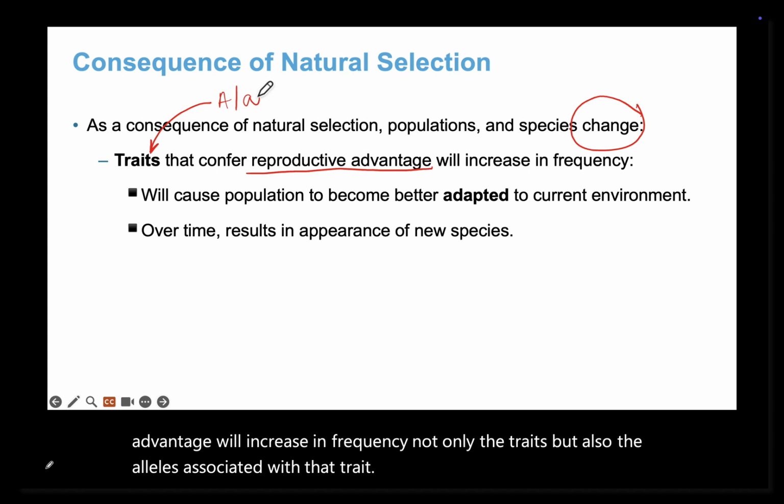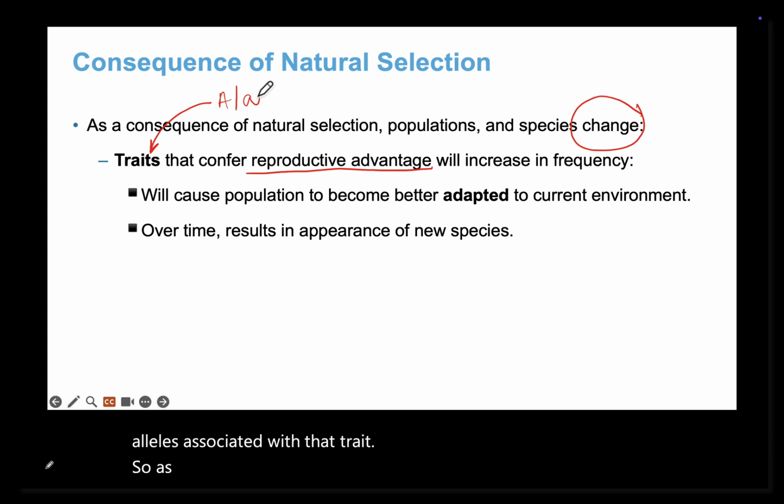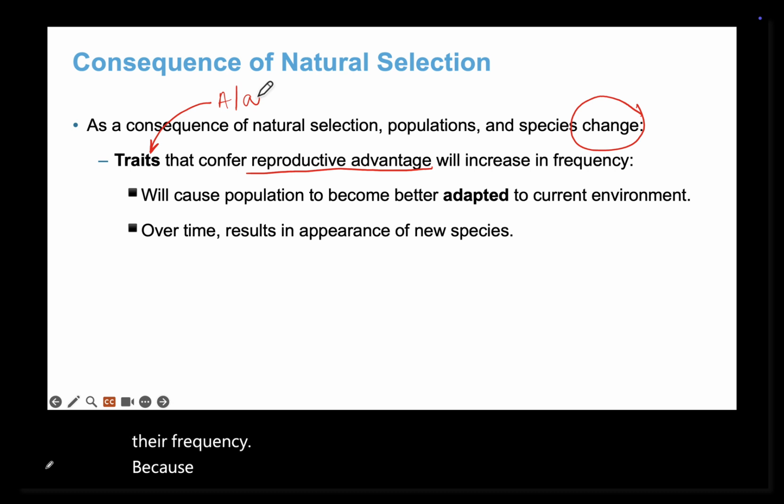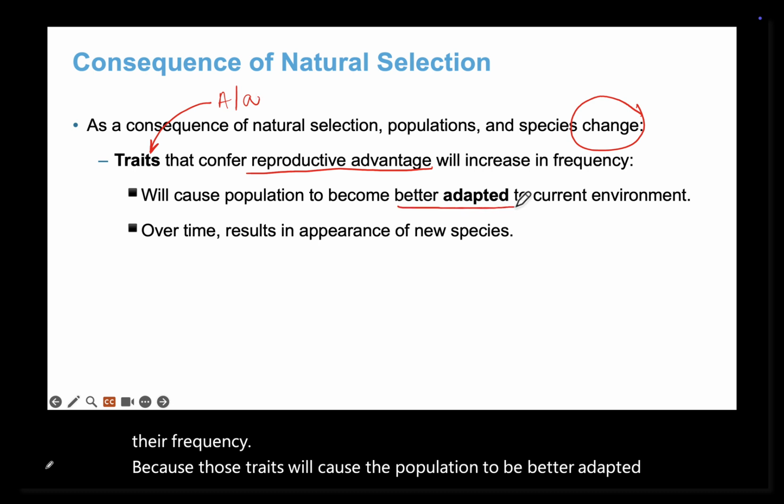So, as the trait increases in frequency, so will the alleles increase their frequency, because those traits will cause the population to be better adapted to that environment.